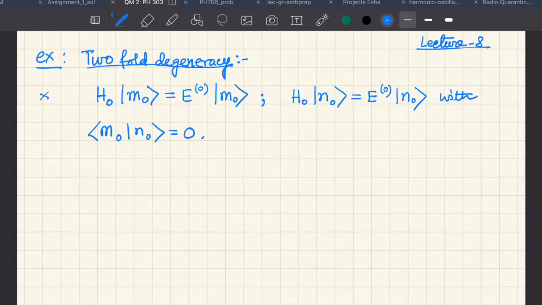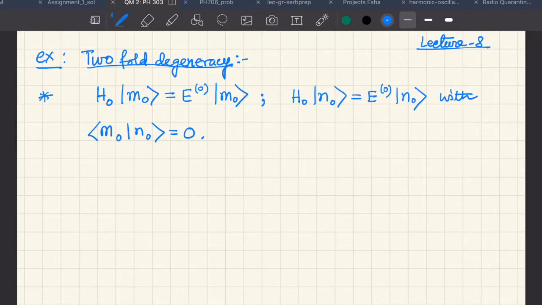So this is the first statement that I wanted to make, that we have the unperturbed Hamiltonian which acts on some state m0, and it gives us the energy eigenvalue E0, and then acting on a different state, it gives us the same energy eigenvalue.